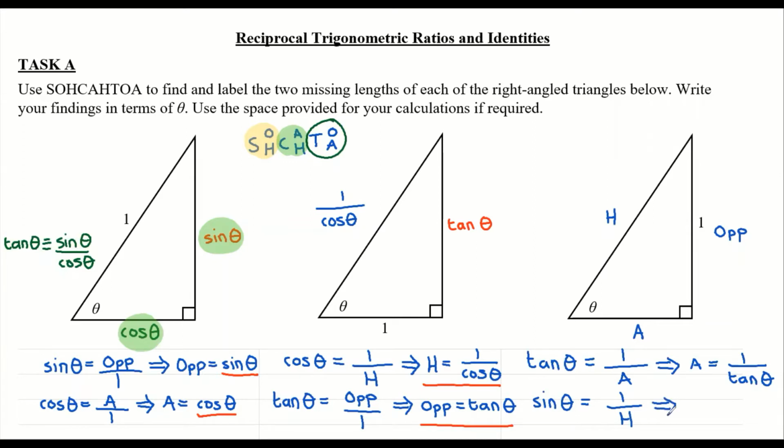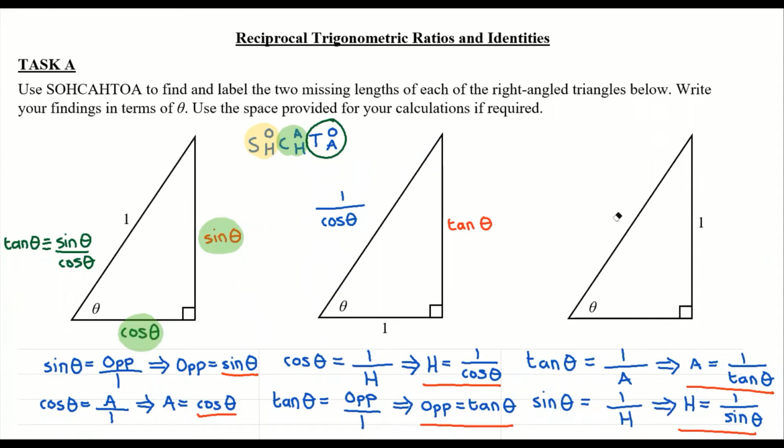So this is going to give me, for the hypotenuse, h is going to be the reciprocal of sine, which is 1 over sine theta. All right, and then we have our two new sides. The adjacent side in this situation is 1 over tan theta, sorry, and the hypotenuse is 1 over sine theta.